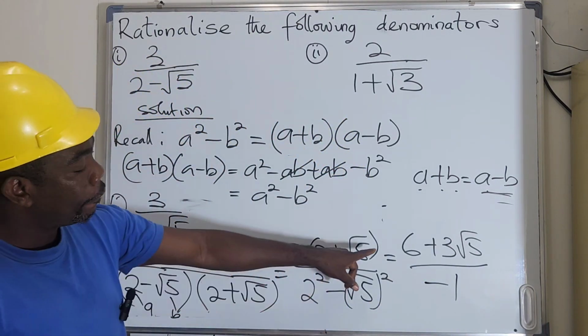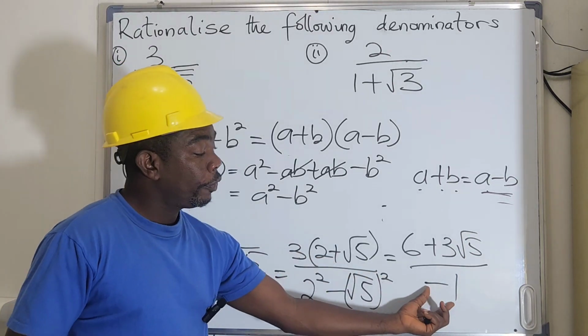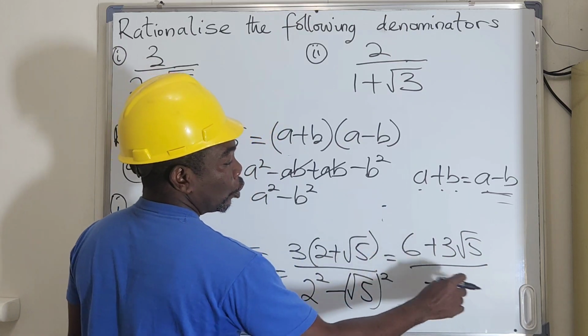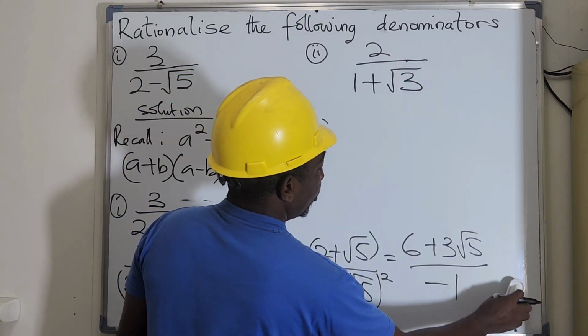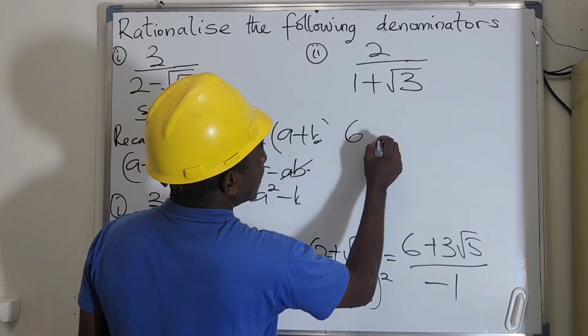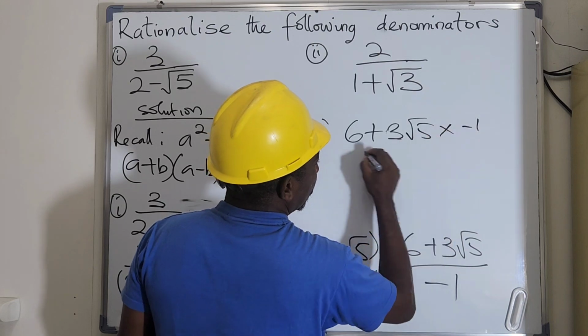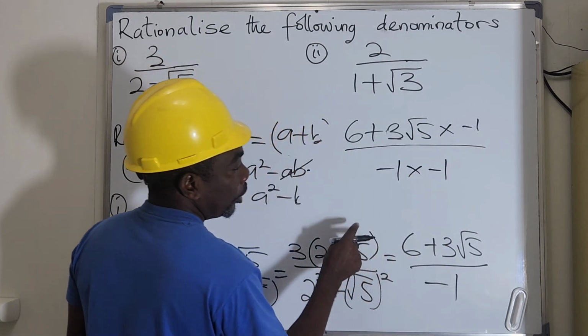So in that case, for us to clear this negative sign, or to move this one up, we are going to multiply both sides by minus 1. So when we multiply both sides by minus 1, this will become 6 plus 3 root 5 times minus 1, all over minus 1 times minus 1.